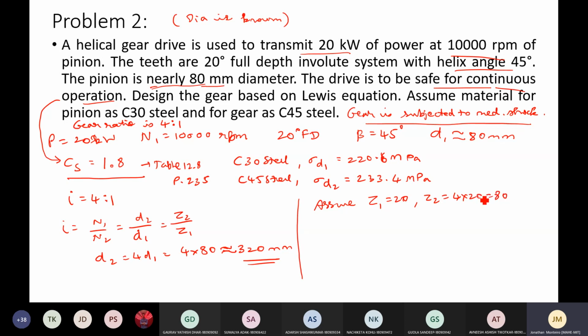So this is a temporary arrangement that we do. If Z1 is 20, then what about ZE1, which we know to be Z by cos cube beta. So calculate that. Remember beta is 45 degree here. ZE1 is Z1 by cos cube beta, and ZE2 is Z2 by cos cube beta.